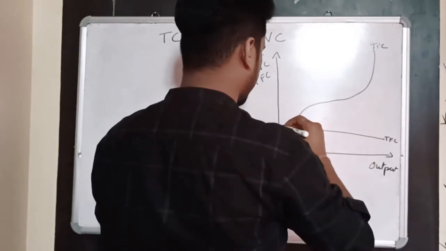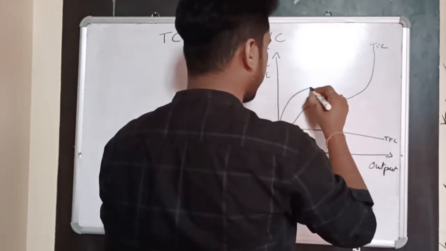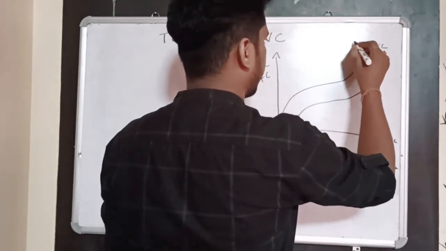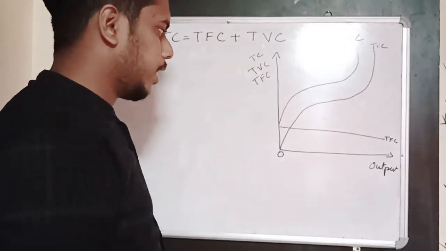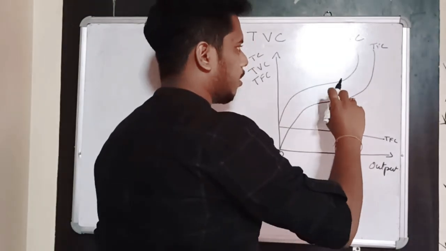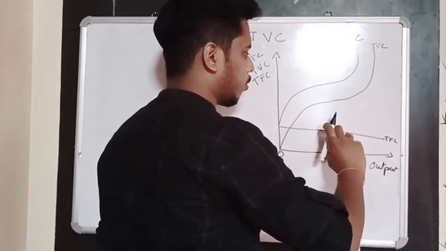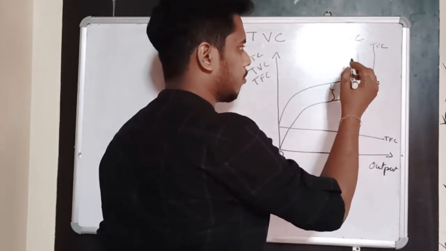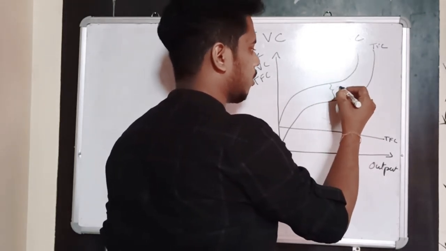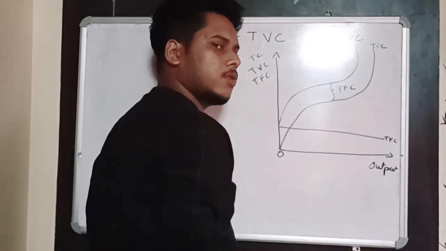So the total cost curve will be of this shape. It will lie above total variable cost. Why? Because total variable cost plus total fixed cost will give us total cost. So the distance between these two curves, total variable cost and total cost, is total fixed cost.